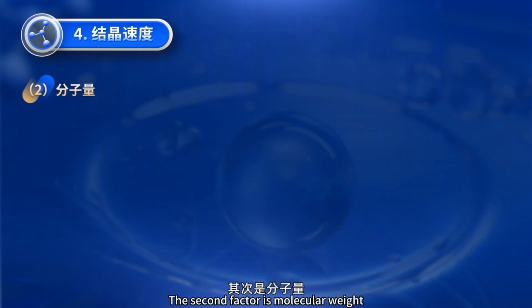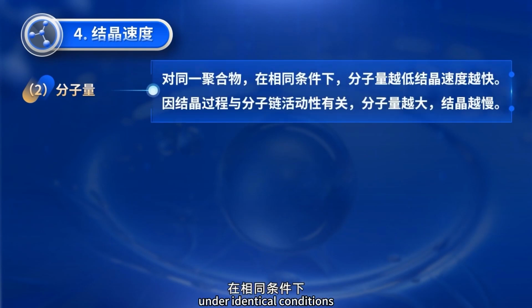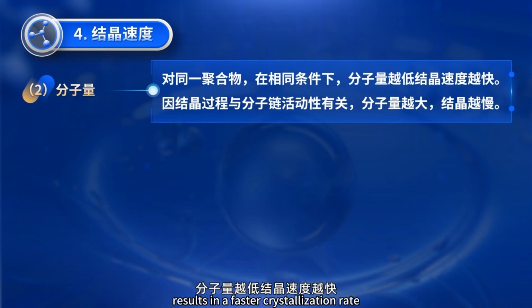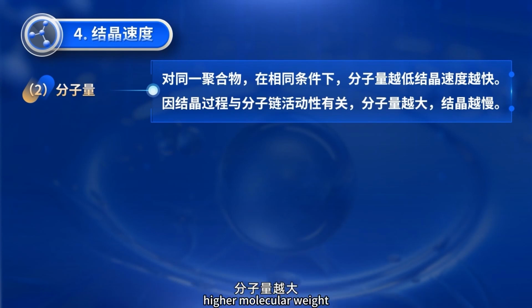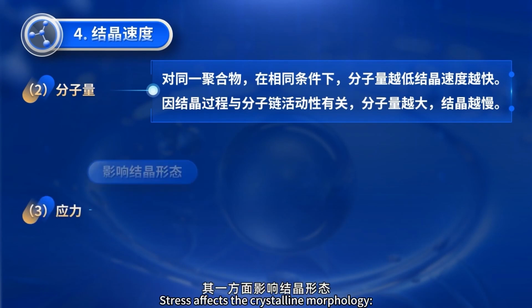The second factor is molecular weight. For the same polymer, under identical conditions, a lower molecular weight results in a faster crystallization rate. Since crystallization depends on the mobility of polymer chains, higher molecular weight leads to slower crystallization. The third factor is stress. Stress affects the crystalline morphology.